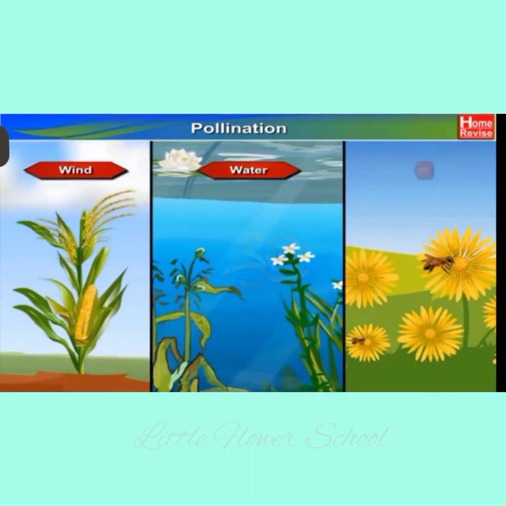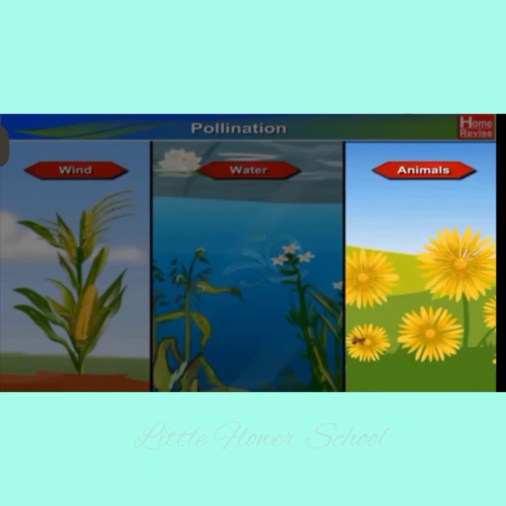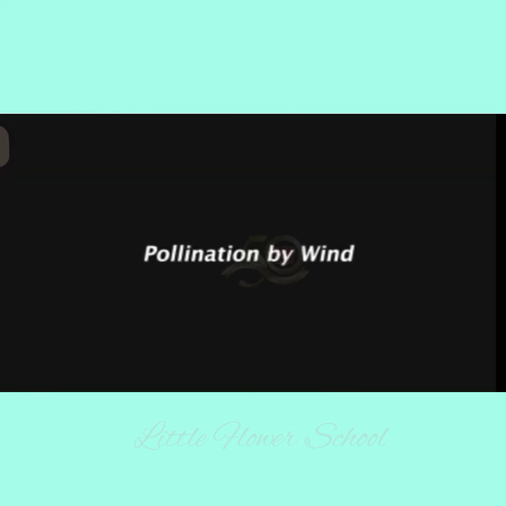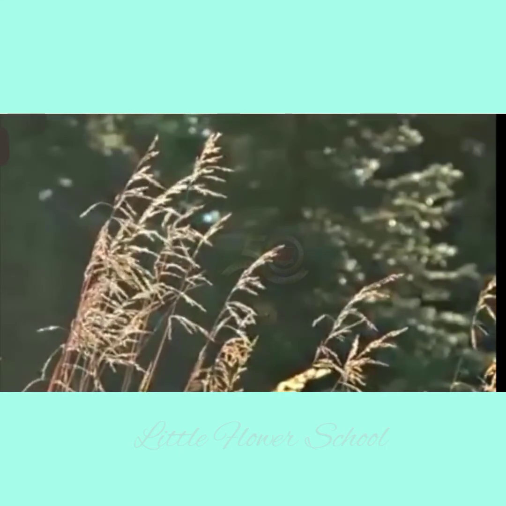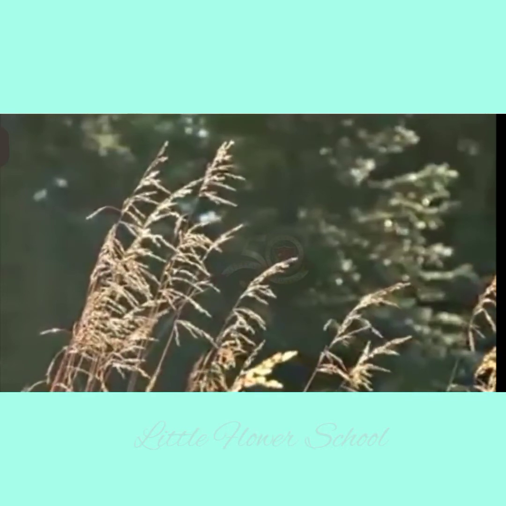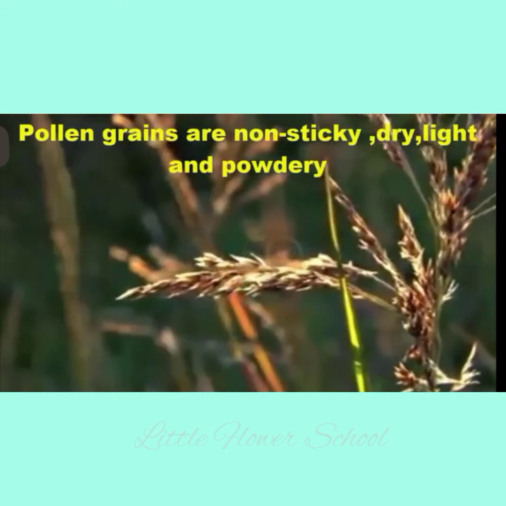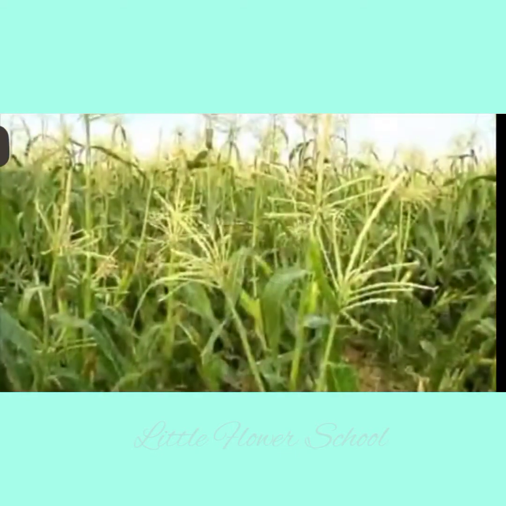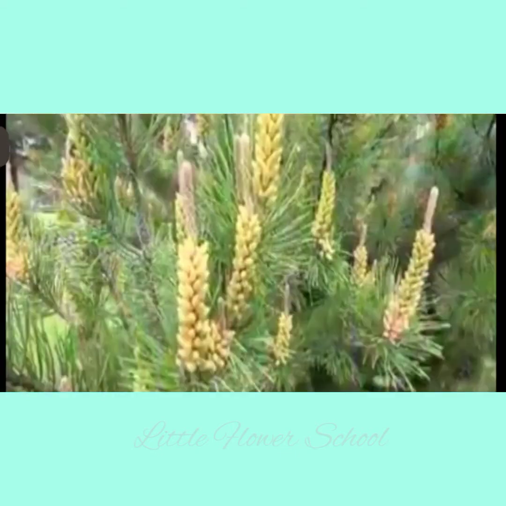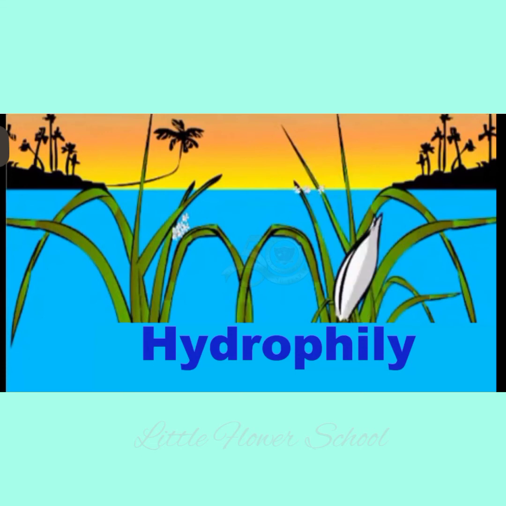Pollination takes place by agents like wind, water and animals. Pollination by wind is anemophily. In this type of pollination, the pollen grains are non-sticky, dry, light and powdery. Grass, maize, pine are pollinated by wind. Hydrophily, pollination by water.